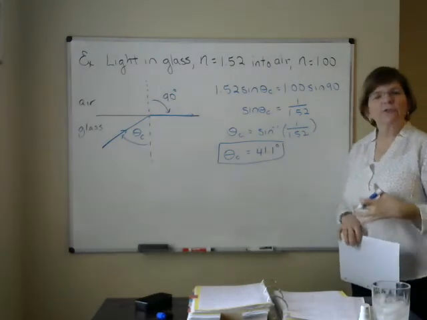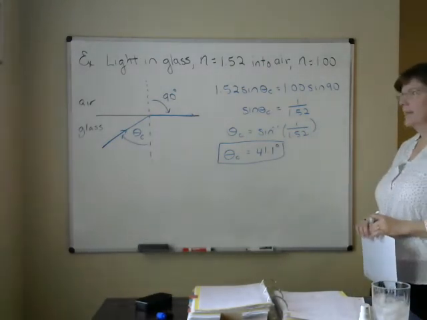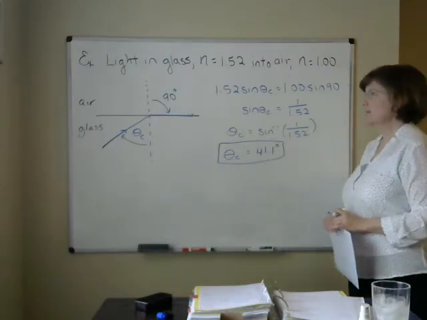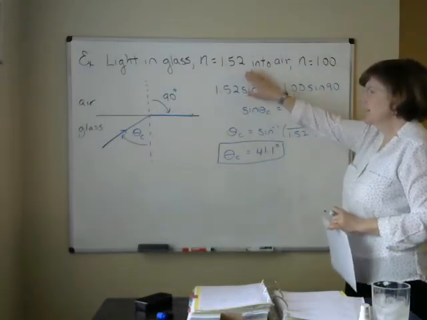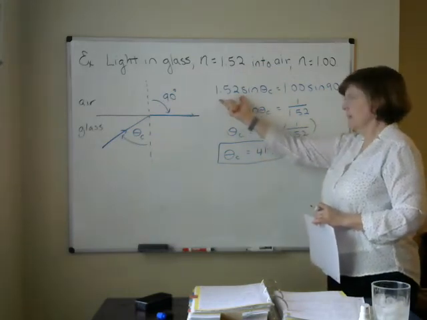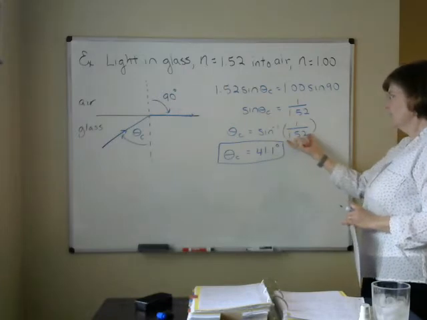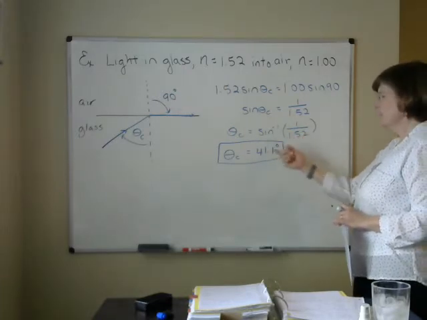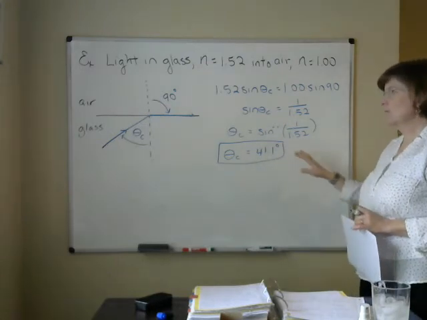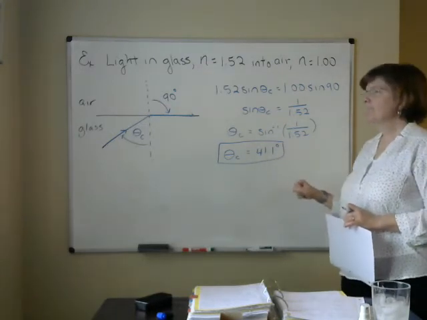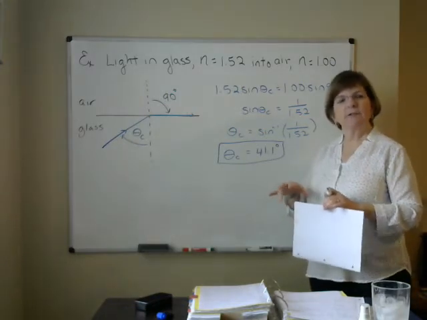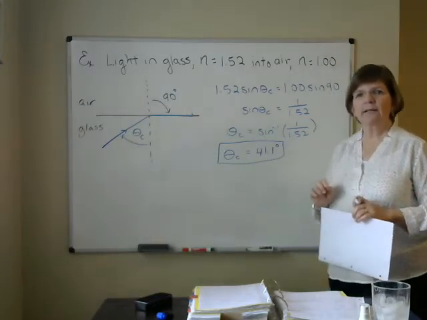Okay? Generally speaking, the higher the index of refraction, the smaller the critical angle. If instead of a flint glass, this had been a diamond, well, that would have been 2.42. If I had divided by 2.42, this would have been a much smaller number. This angle would have come out to be around 24 degrees instead of 41 degrees. The high index of refraction of a diamond is what makes it so sparkly. Two things are going on.